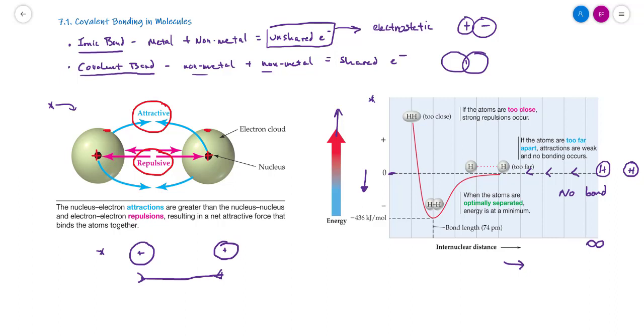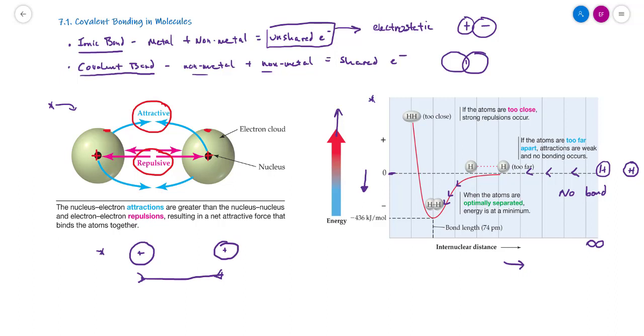We want to go from high energy to low energy. That's how bonds form. That's more stable. And so what we see is that the hydrogen atoms that were individually separated from each other get to be more and more stable as they traverse down this red curve until they reach a minimum.